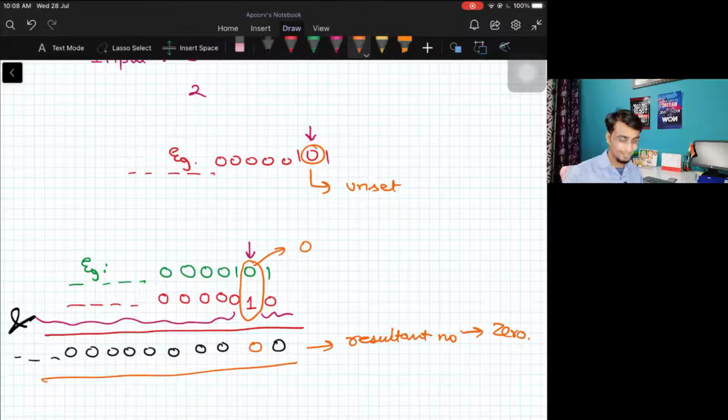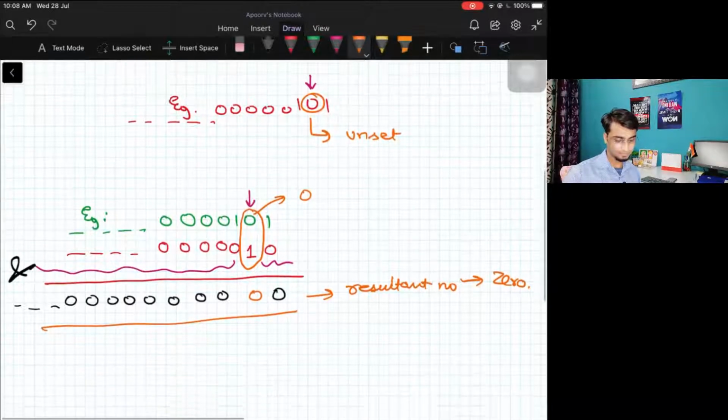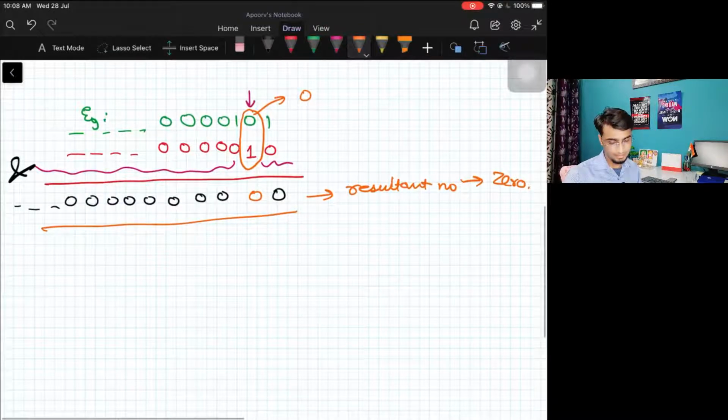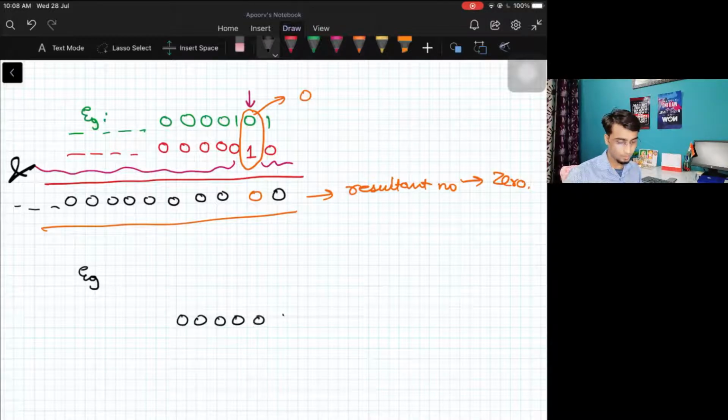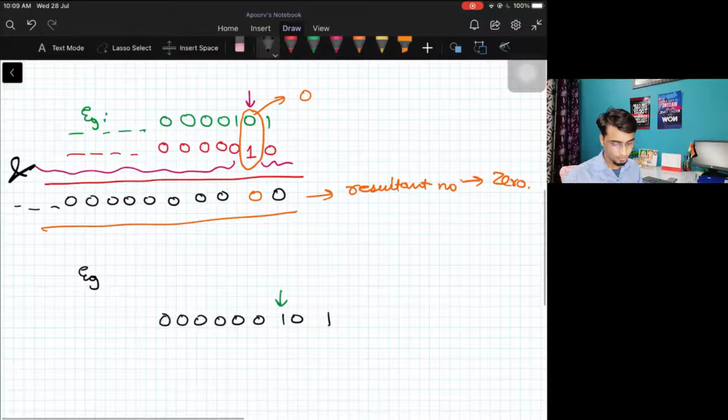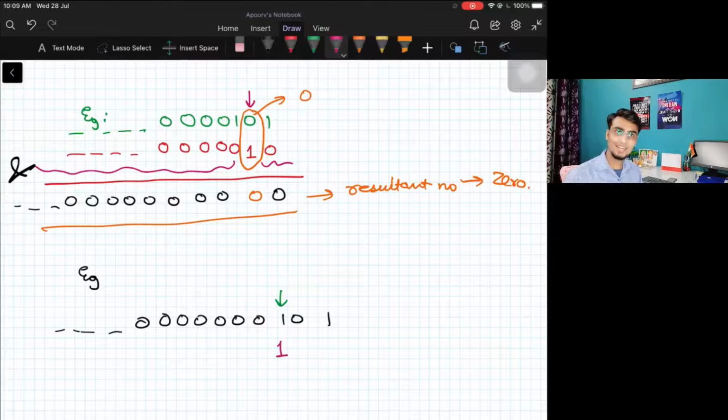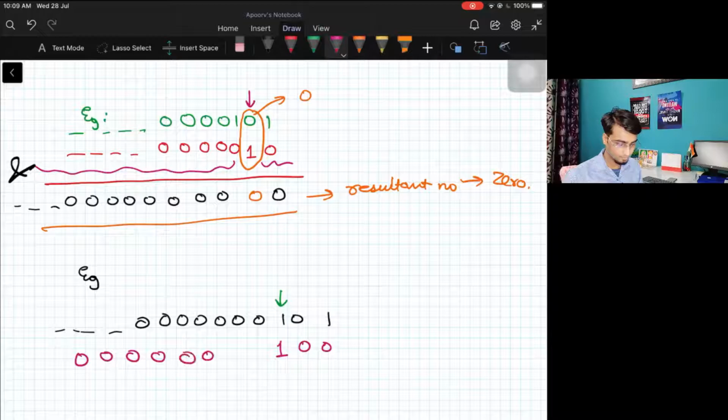Okay. Now, on the other hand, let's say you were given 101 and you need to check for the third bit. Since we are dealing with 32-bit integers, the rest all would be zeros. So you just place a 1 below the bit which we want to check, rest all zeros.